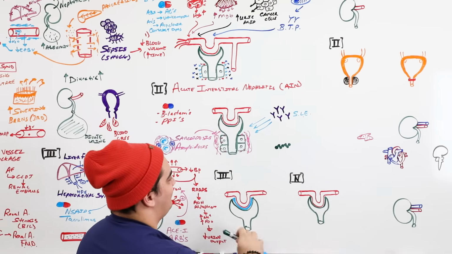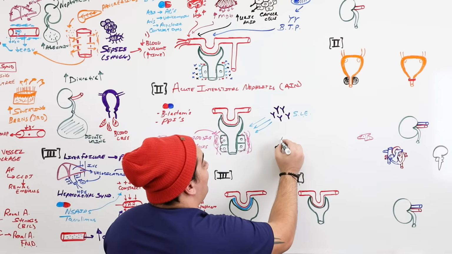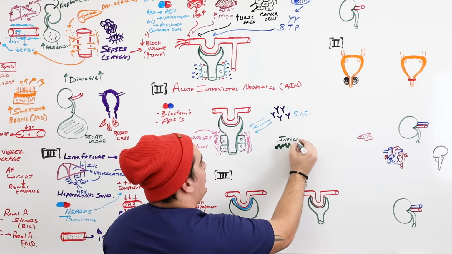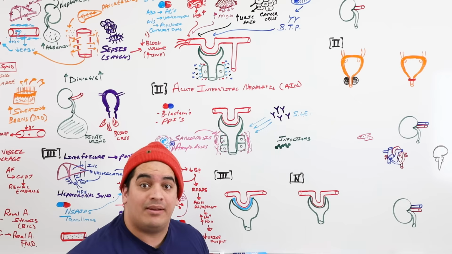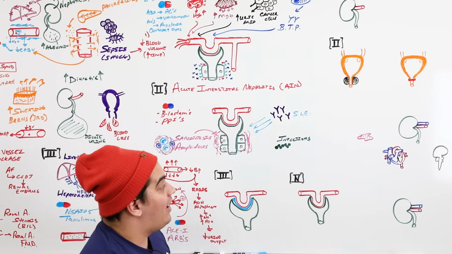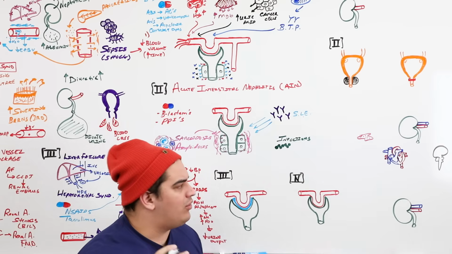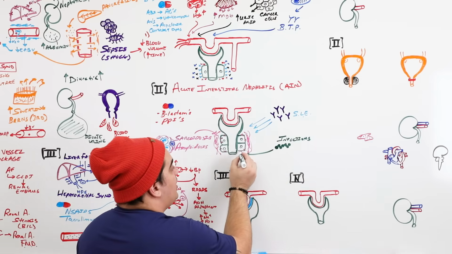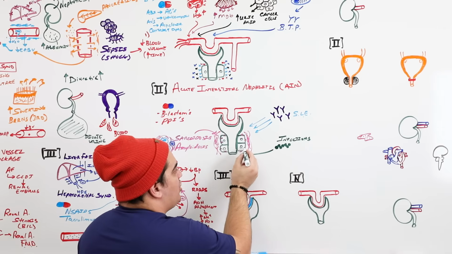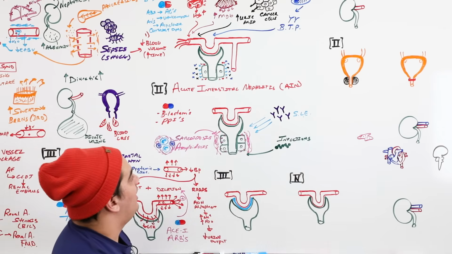But you know what else? Infections. Whether bacterial, like Legionella and Streptococcus, viral infections like CMV and hepatitis viruses, or different types of fungal infections, infections in general can cause injury to the tubular cells, inflammation of the tubular cells, and a lot of interstitial inflammation.